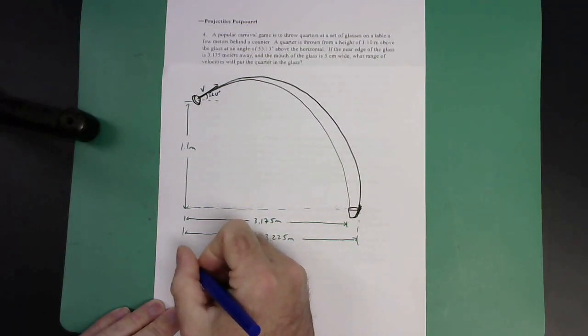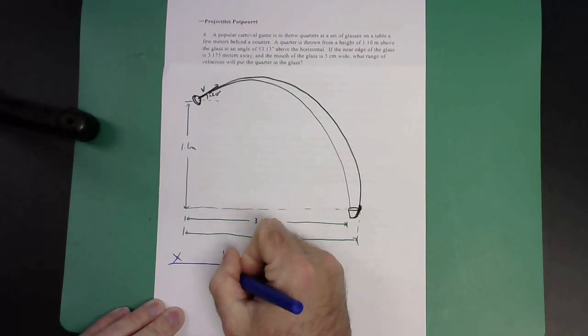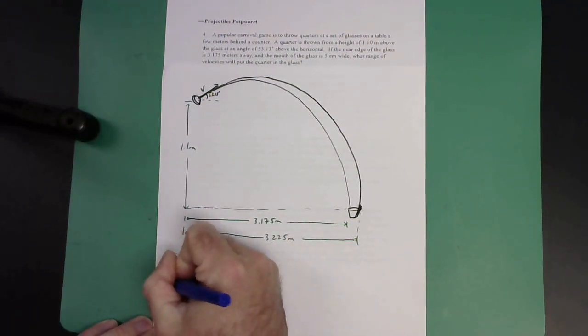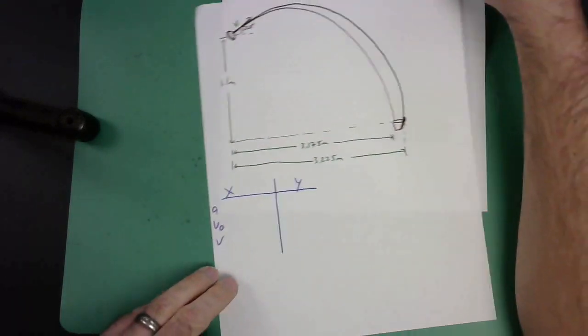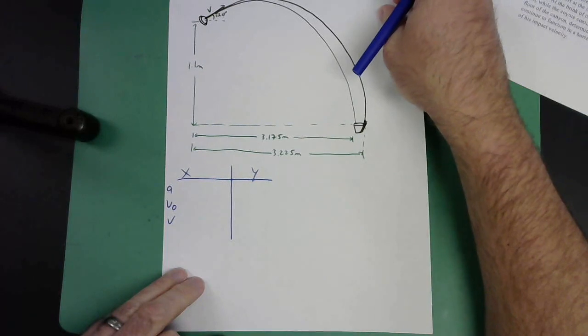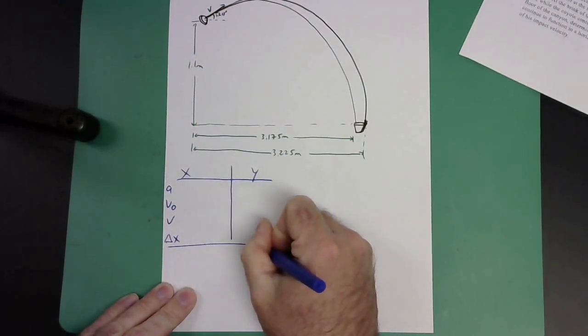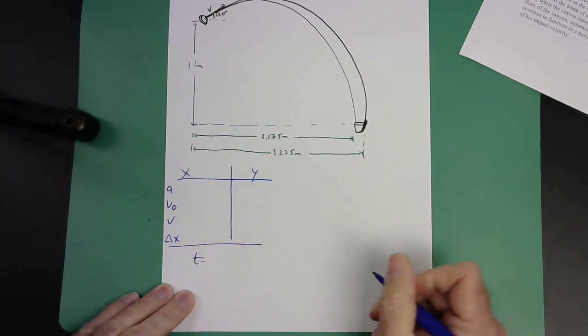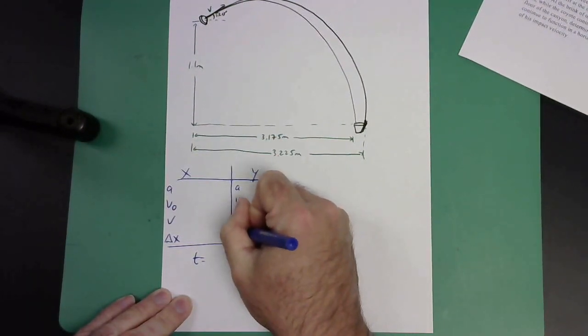So here we go. I'm going to make my chart. Horizontal information and vertical information. A, V naught, V, delta X, T. A, V naught, V, delta Y.